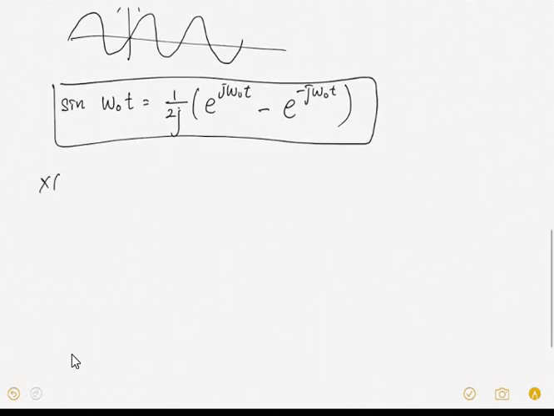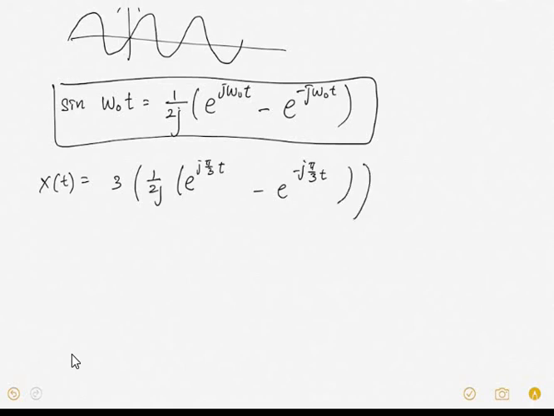When you write it down, it is 3 times 1 over 2j, exponent j pi over 3 t minus exponent minus j pi over 3 t. So it's 3 over 2j.